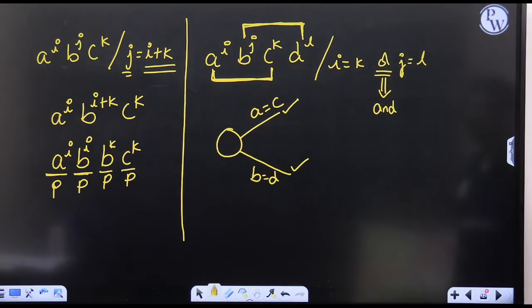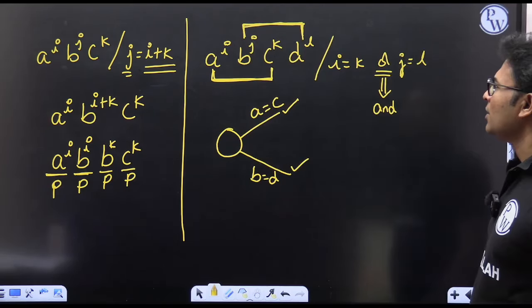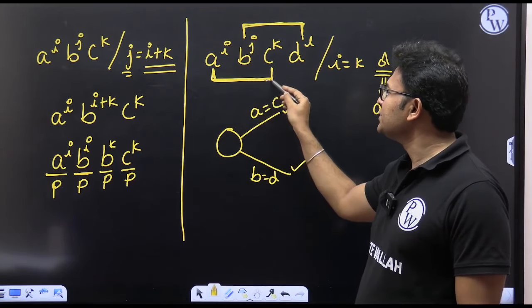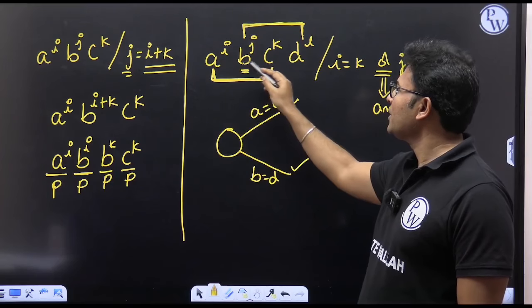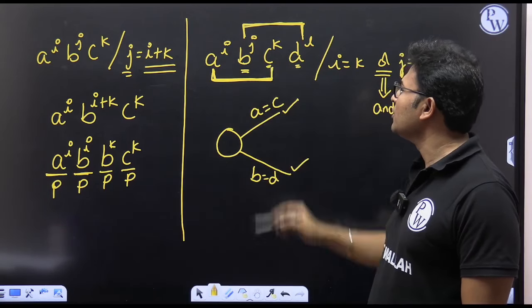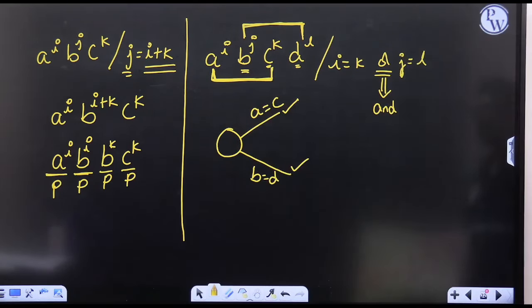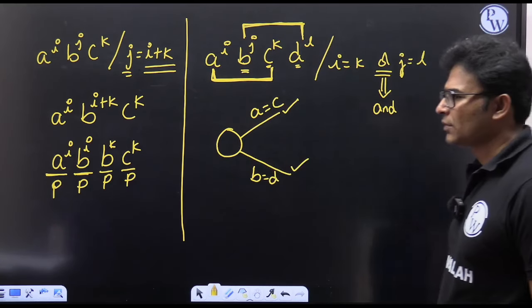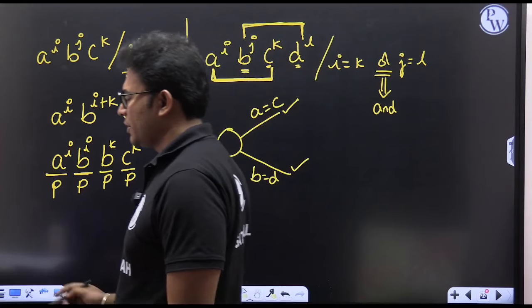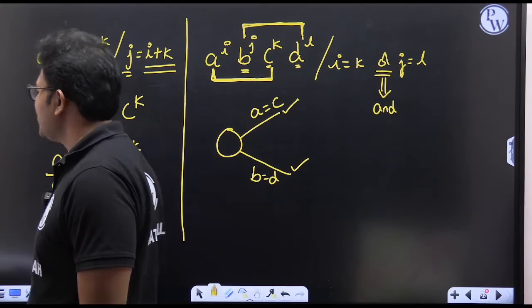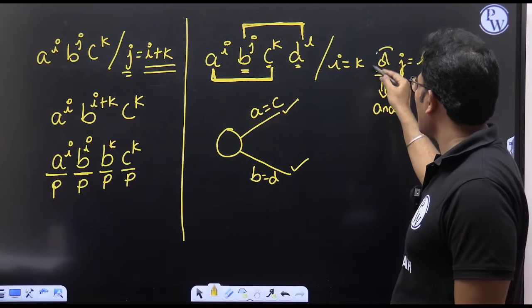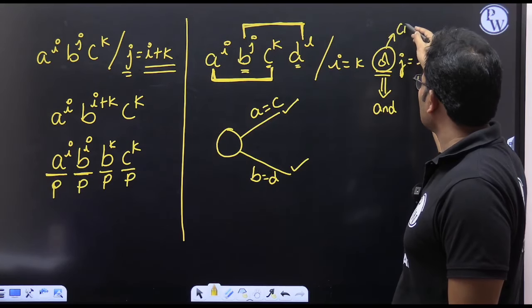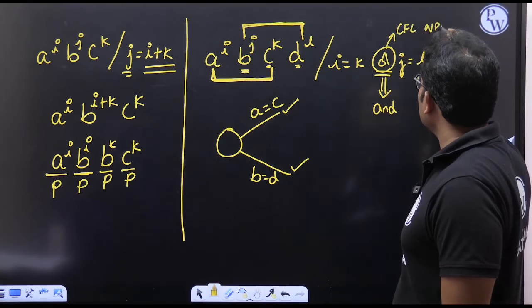So this cannot be done by a pushdown automaton. A pushdown automaton cannot compare a's with c's because b's will be in the middle, and cannot compare b's with d's because c's will be in the middle. So if it is OR, it is CFL because an NPDA can accept it.